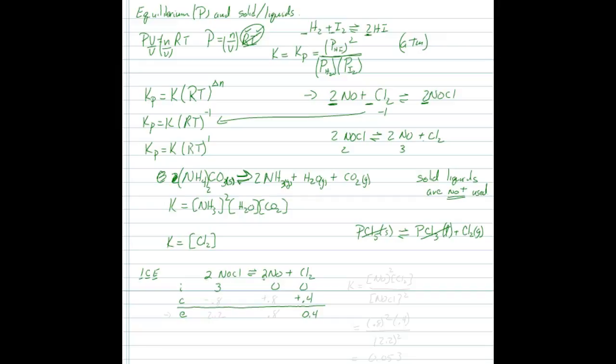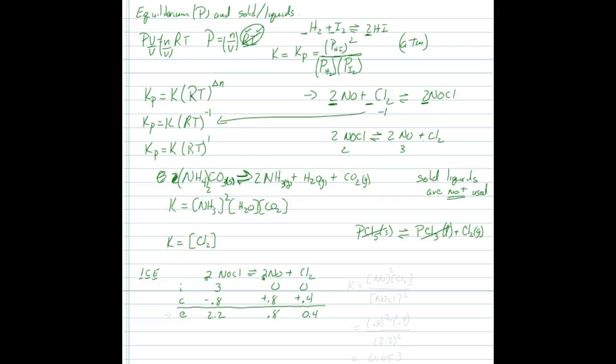So for every 0.4 moles of Cl2 you make, you will make plus 0.8 moles of NO. Over here, it's a 2-to-2 ratio. So you're not making NOCl. You are removing or taking away from that. How much? 0.8. So that ends up with 2.2.